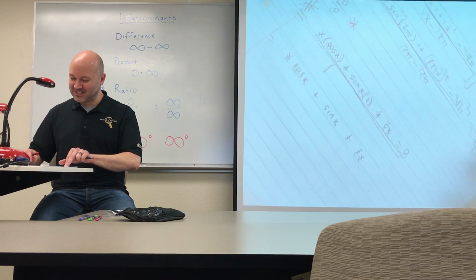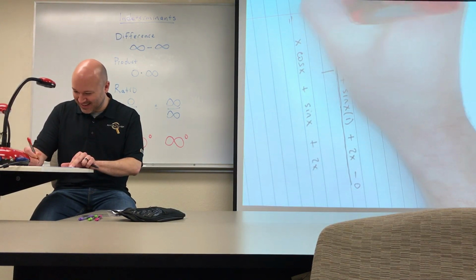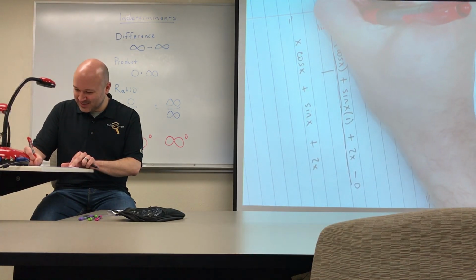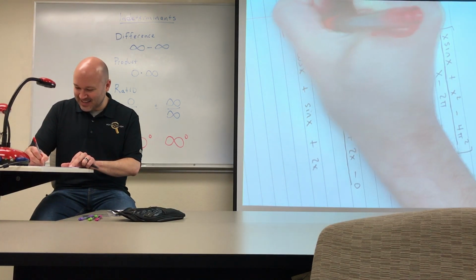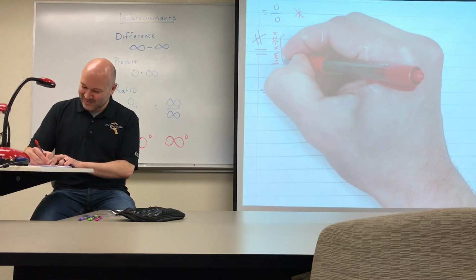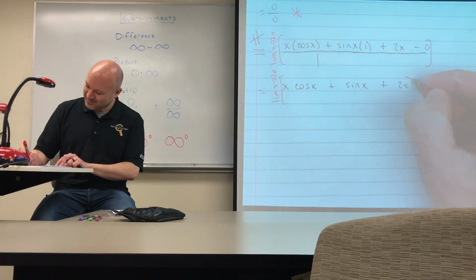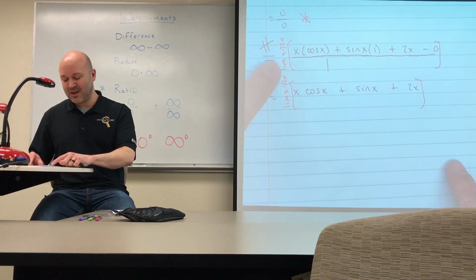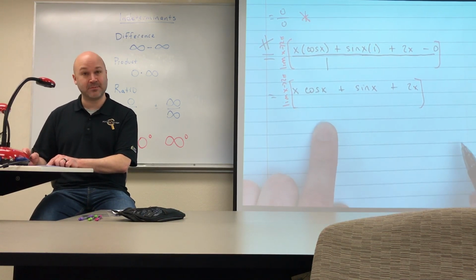I harp on my students hardcore, but this is still a limit as x approaches 2 pi. Oh gosh, don't make that mistake. All right, but L'Hopital's rule is still another limit. So I simplify it, make it pretty, and I think I'm ready for direct substitution now.